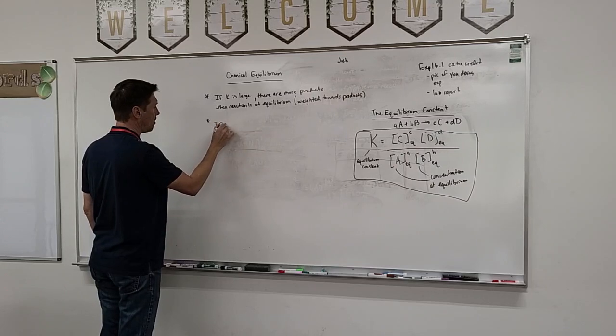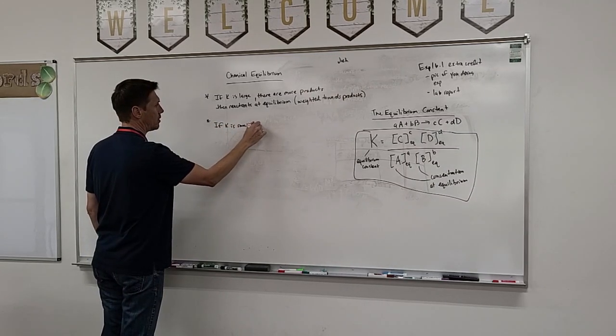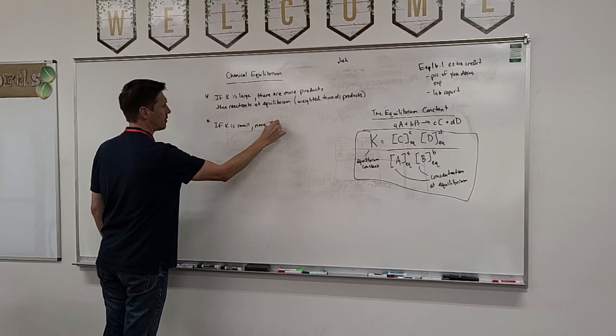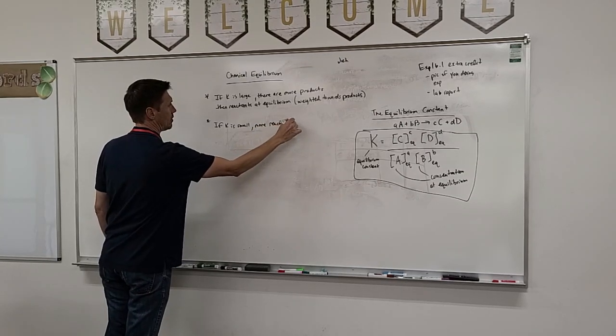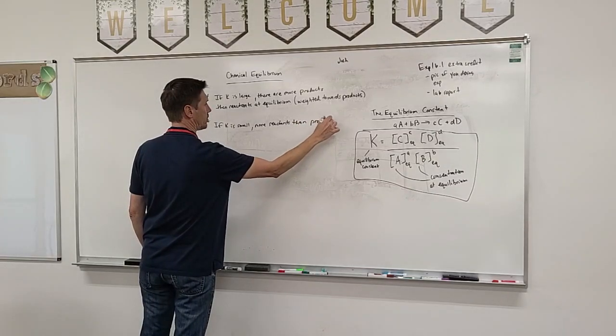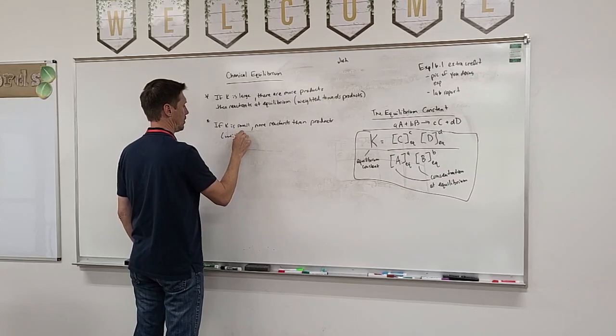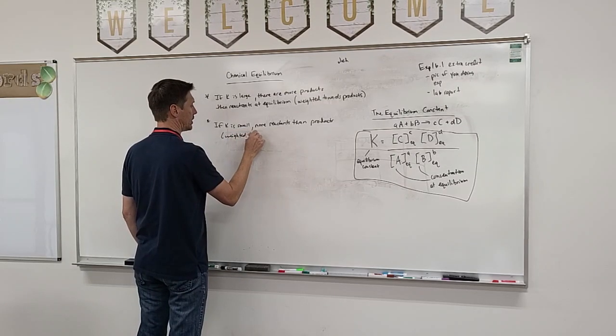If K is small, the reverse is true. If K is small, more reactants than products. In other words, the reaction is weighted towards reactants.